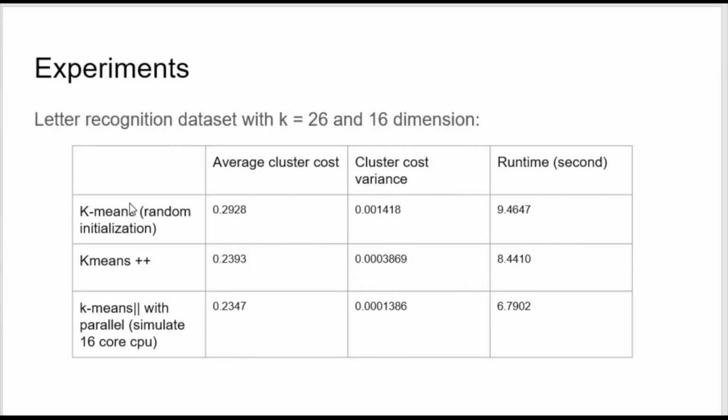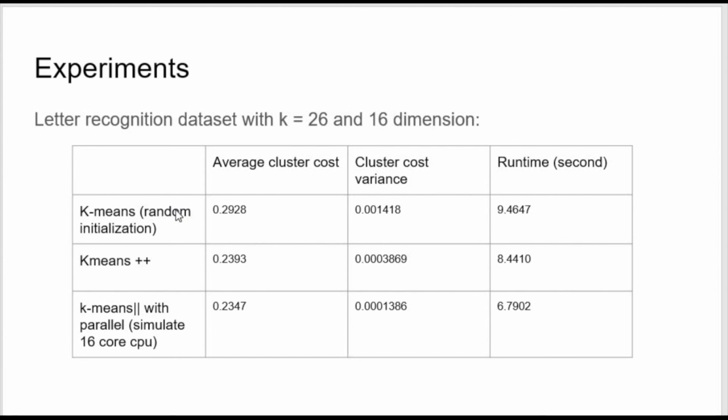Now we will see how k-means performs with 3 different initializations. First, we'll look at a real-world image classification dataset, which is a letter recognition dataset with 16 dimensions. We need to cluster the alphabet letter images into 26 clusters. In the experiment, we measure the cluster cost, which is the Euclidean distance of the dataset to their closest center.